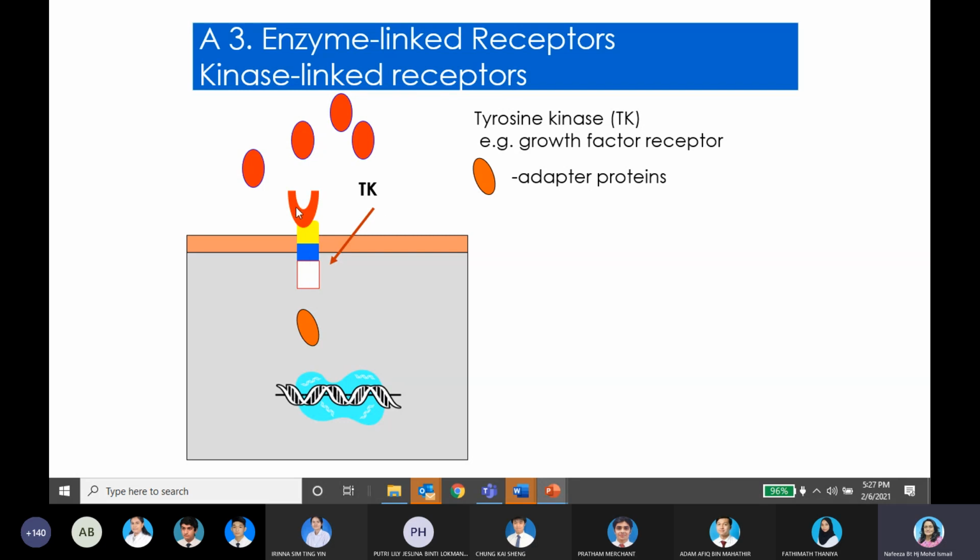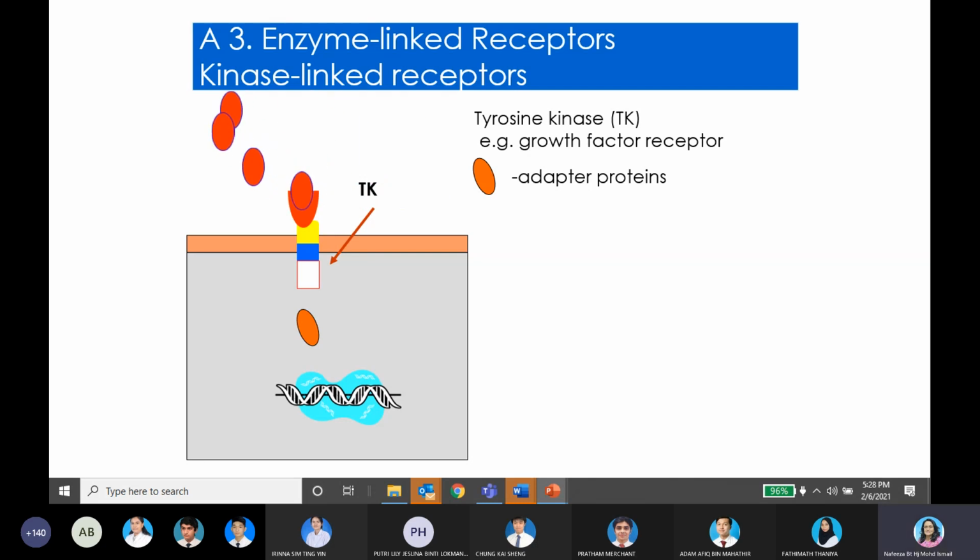The whole thing, the U-shaped red structure, the yellow structure, the blue structure, depicts the receptor, and tyrosine kinase is at the tail end of the receptor.